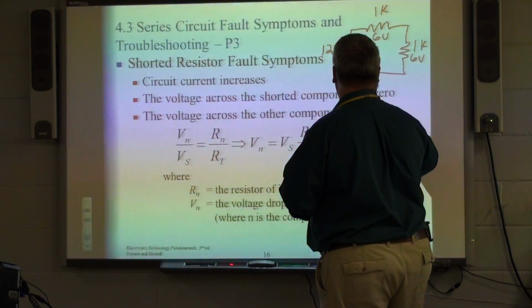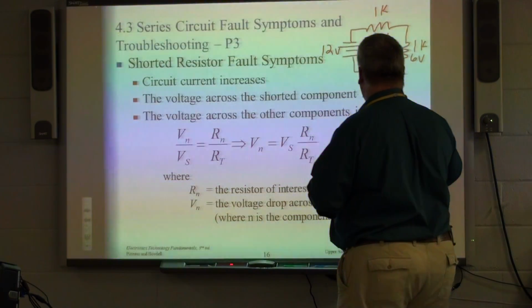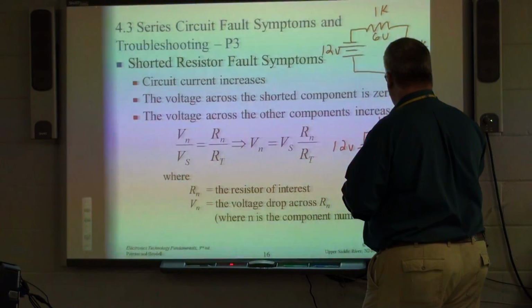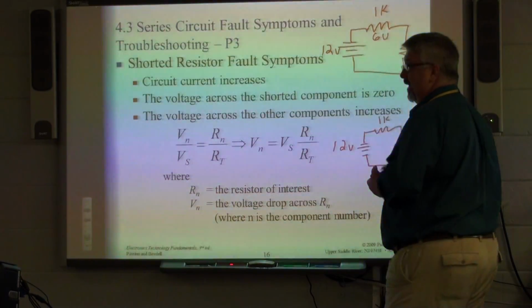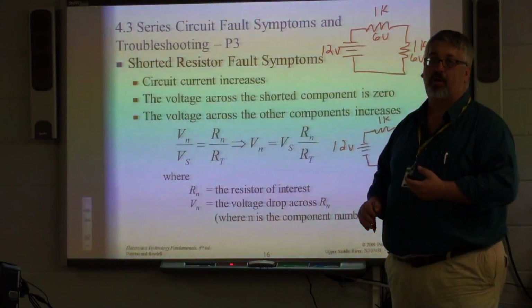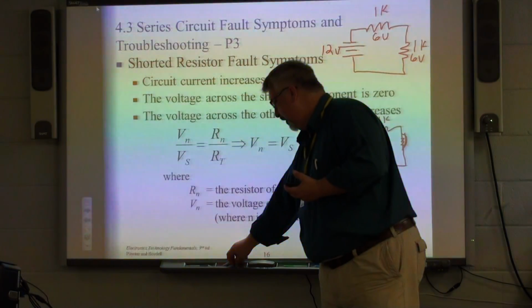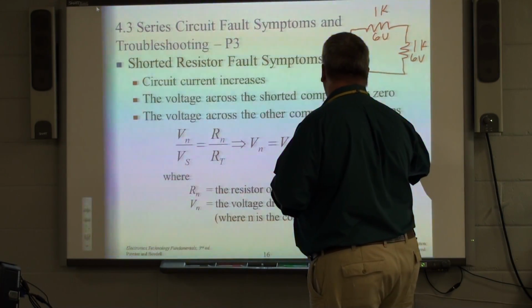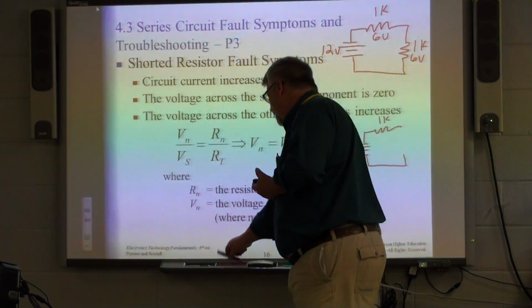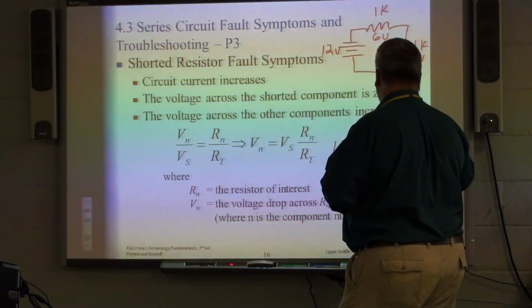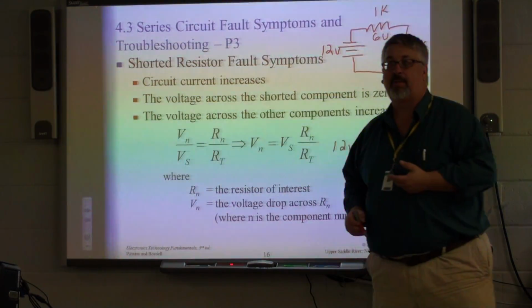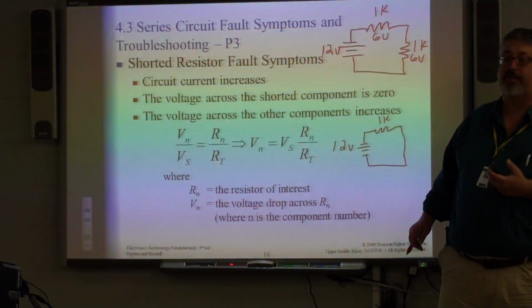So here's our 1K, and here's our other one. But what has happened is a glob of solder or something has shorted around it. It's no longer part of the circuit. We could either put a straight piece of wire there, so when it was manufactured, instead of putting a resistor there, the person on the line, it may be Monday, they put a piece of wire there instead of a resistor.